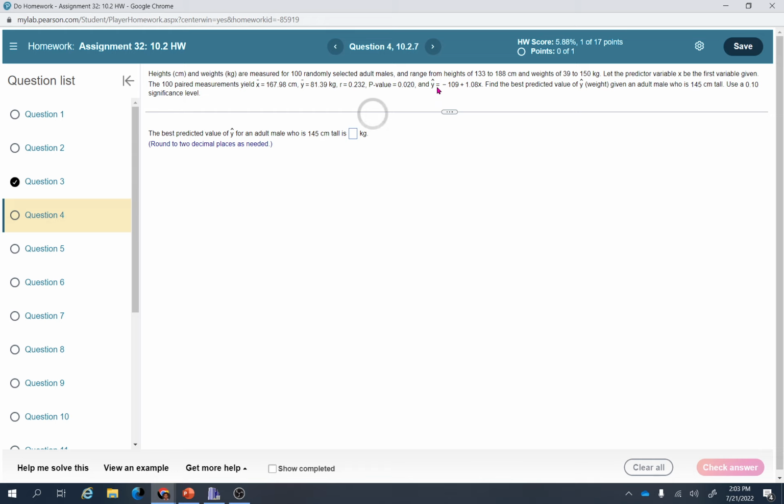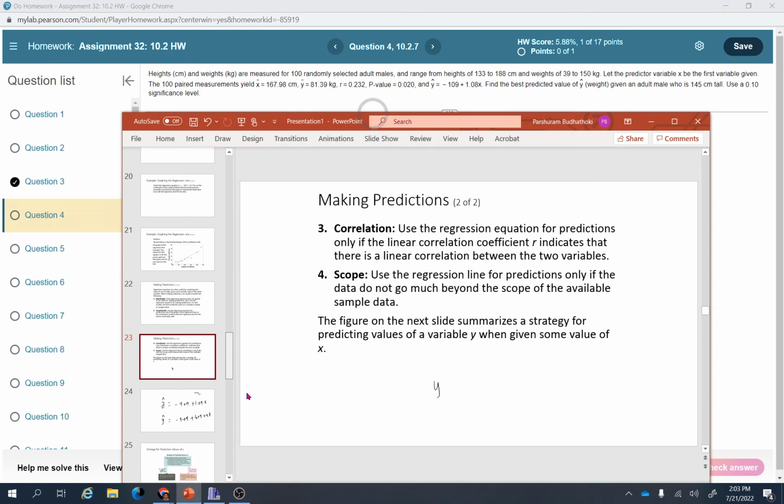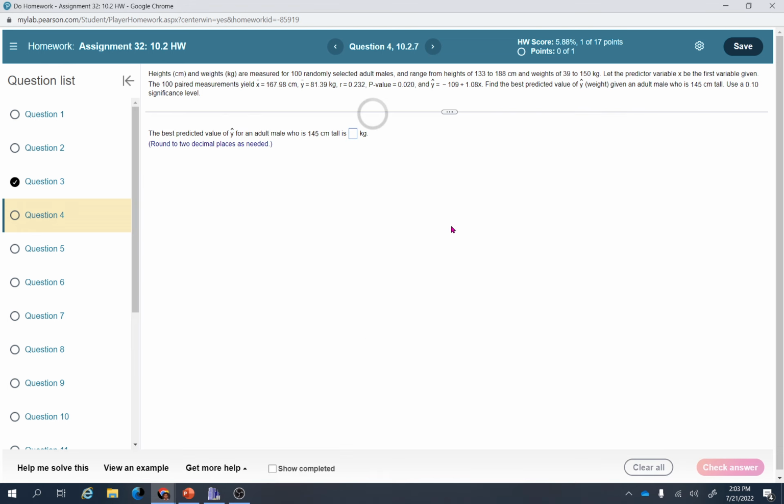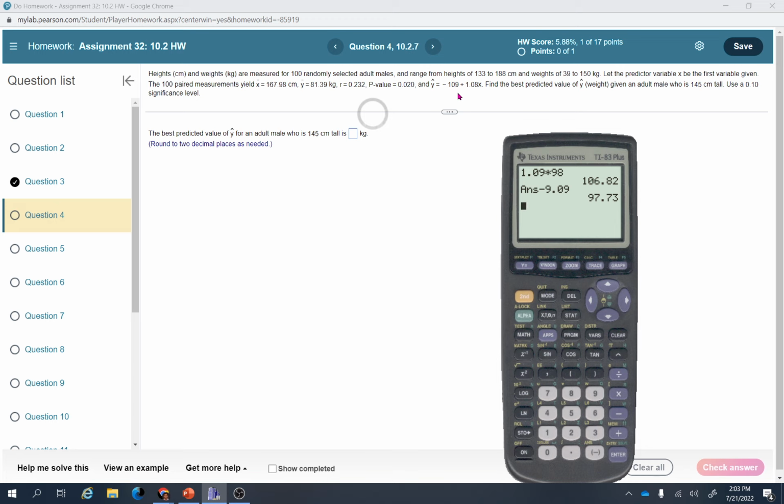Now to calculate the value of y cap, just plug in x equal to 145 centimeters, and use your calculator the way we use it. Use this formula to calculate the weight for a 145 centimeter tall male.